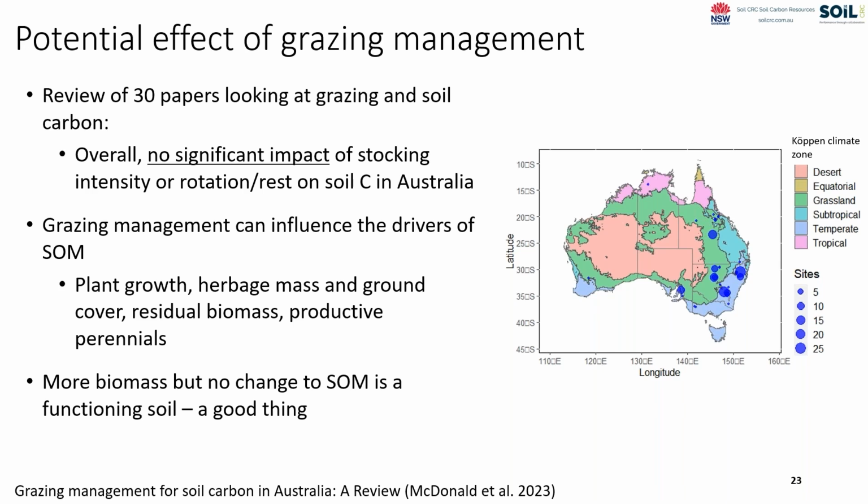Now, that's not to say that grazing management doesn't influence soil and productivity and the drivers of soil organic matter. More plant growth, herbage mass, ground cover, residual biomass, and productive perennials, all found as effects, but no change consistently to the soil organic matter. And again, that's not necessarily a bad thing. It's a sign of a functioning soil.